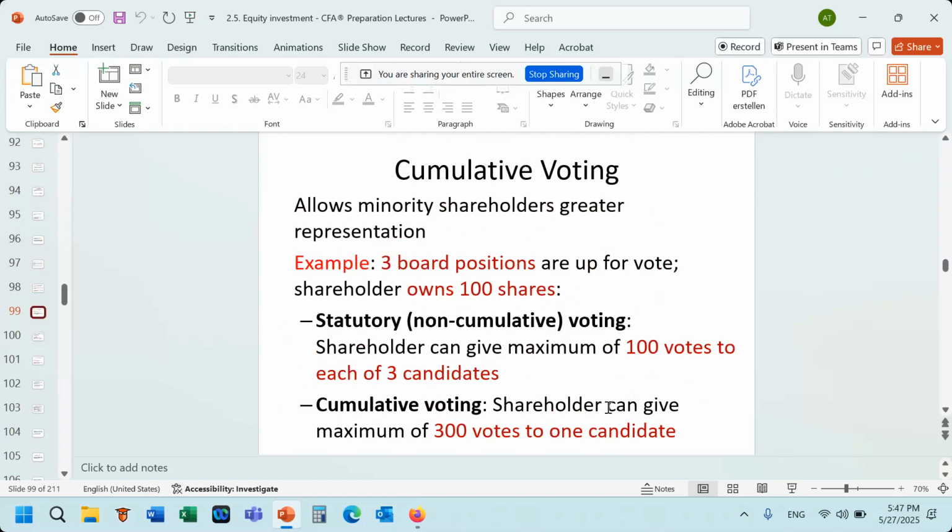If you don't have cumulative voting and there are, let's say, 4 different individuals you are voting for to go to the board of directors, you have 1 vote for each. But if you have cumulative voting, you could take all your 4 votes and give them to 1 individual.